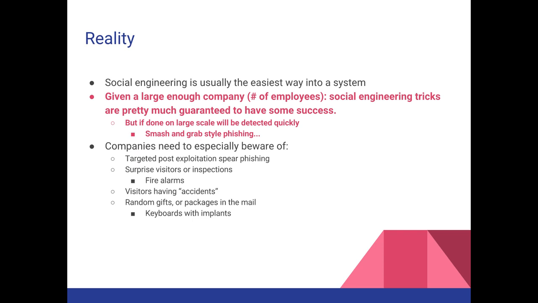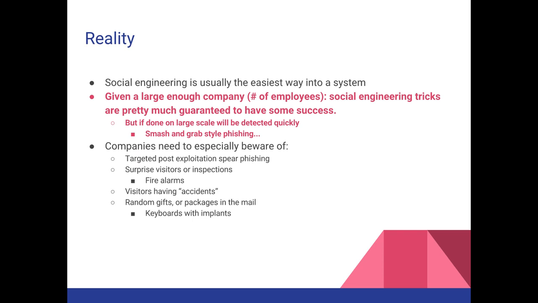So for companies, they really need to be aware of targeted phishing, especially targeted post-exploitation spear phishing, where you get a strange request from your boss's email account asking for something out of the ordinary. You should always, always follow up in person. You should call them. Don't ever take some strange request that gives your boss access to a system at face value.